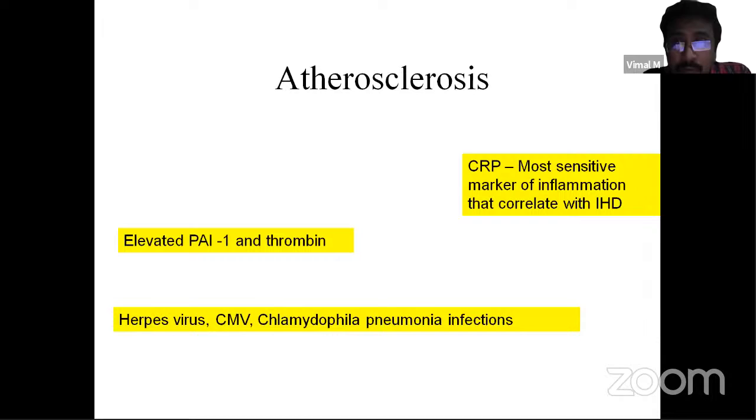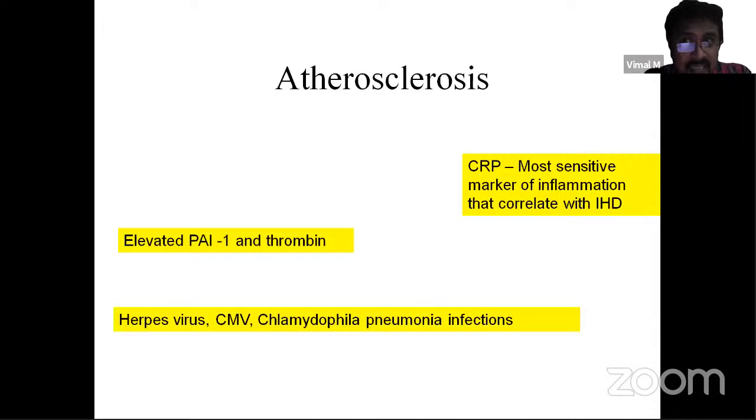And C-reactive protein is elevated in atherosclerosis, and this is the most sensitive marker of inflammation that correlates with ischemic heart disease. So if you estimate C-reactive protein and find it very high, it is a very sensitive marker that ongoing inflammation is there, so the patient is at high risk for ischemic heart disease.